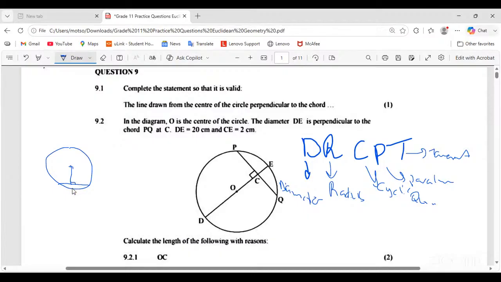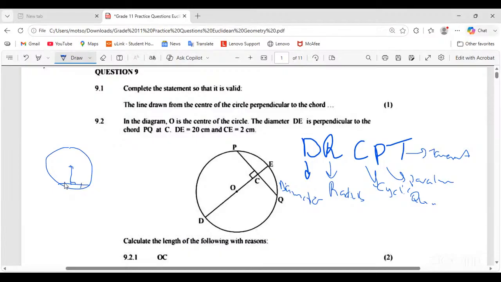at the intersection point, they intersect at a right angle. What is a right angle? A right angle is an angle that is exactly equal to 90 degrees. So if this line is perpendicular to that chord, by theorem 1, this line bisects the chord.